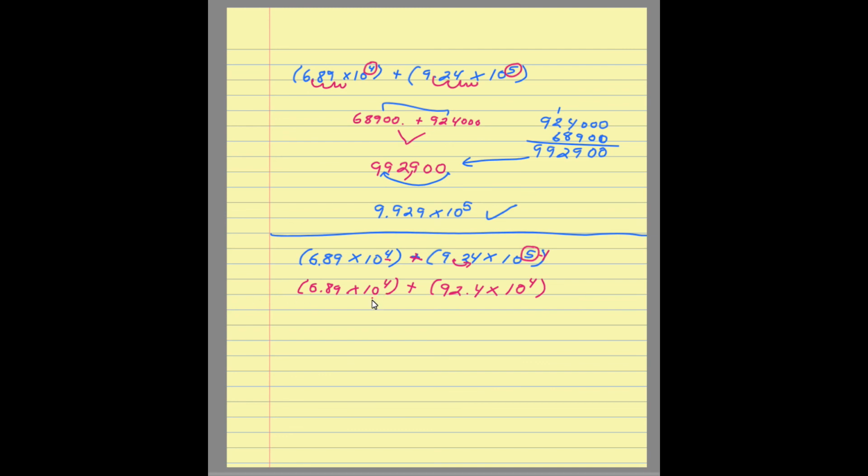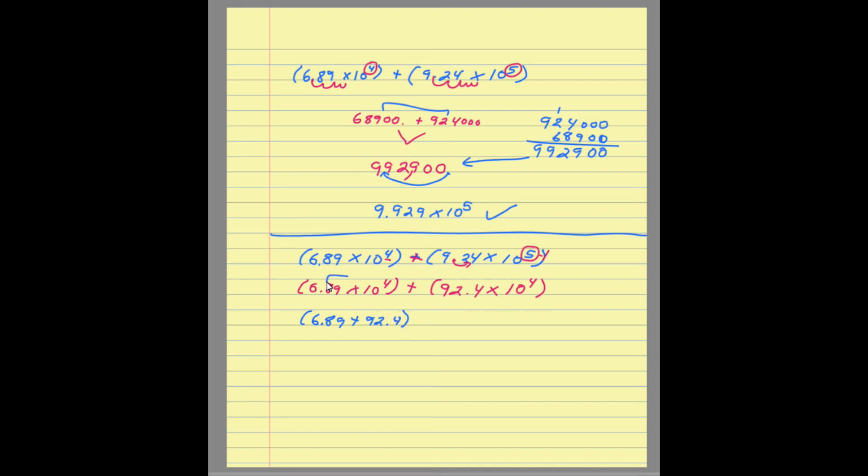Now, when my bases and exponents are the same, 10 to the 4th, I can actually take my numbers in the front, 6.89, and the other number, 92.4, and add them together.